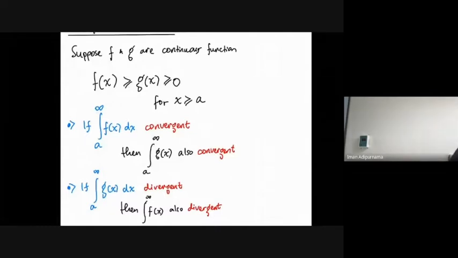Okay, so back to the comparison theorem.